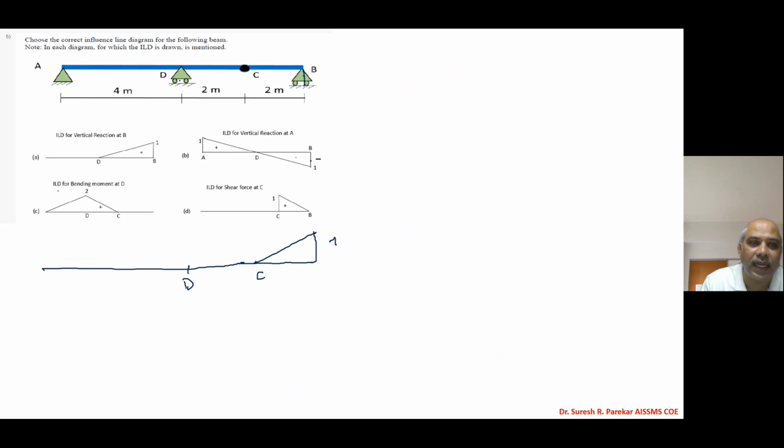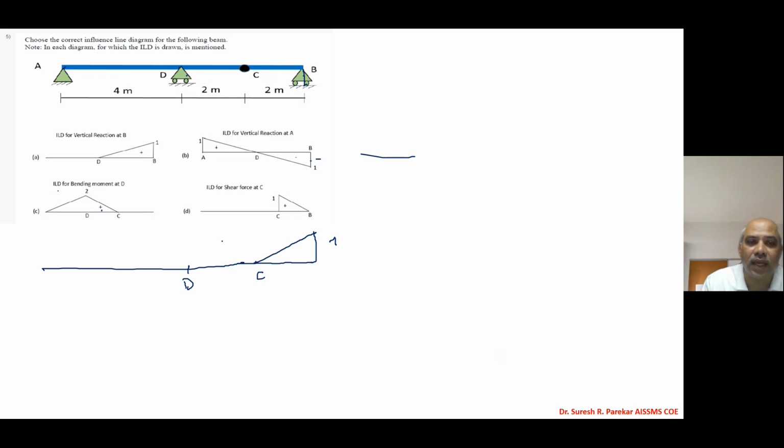ILD for bending moment at D. So bending moment at D, we have with this ILD. So that also we can check. And then we are going to consider reaction RB, and then you can go for this unit load. We have to plot from A to C, and then bending moment A to D, and then we have to go for bending moment.